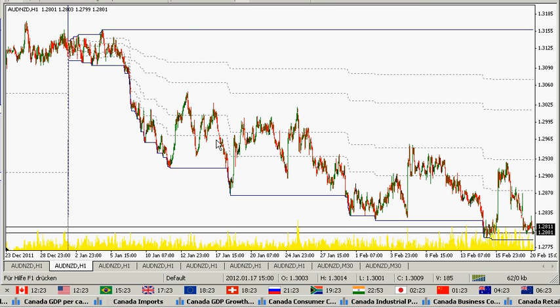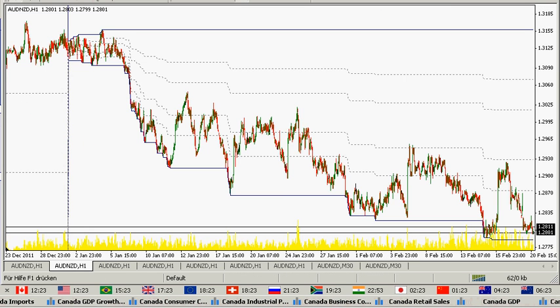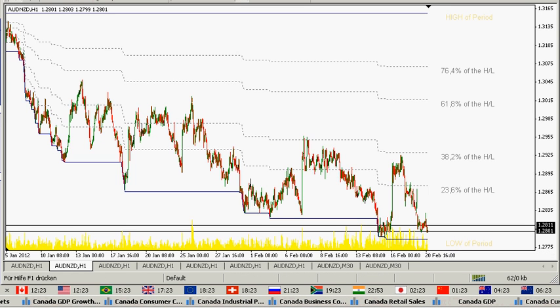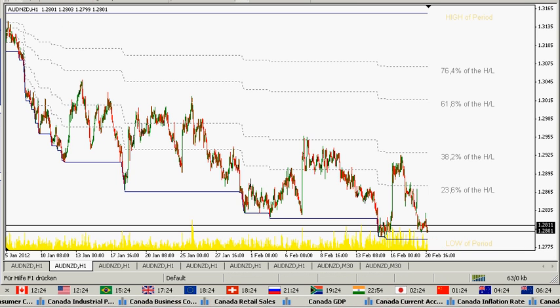So by the way, here in this indicator of the high and low of the period, I've got the Fibonacci lines. And interesting is, of course, here we see after the sell-off we never got between the 38 and 61, so between the 50 area.